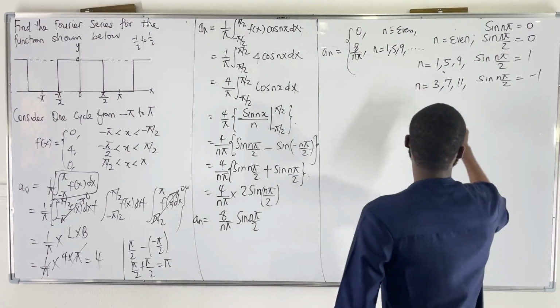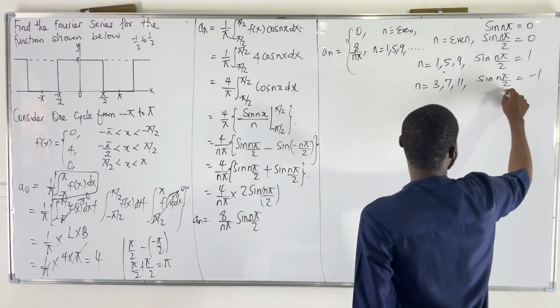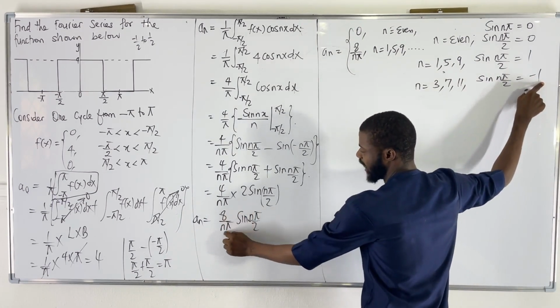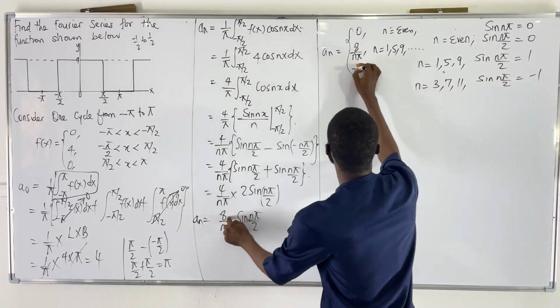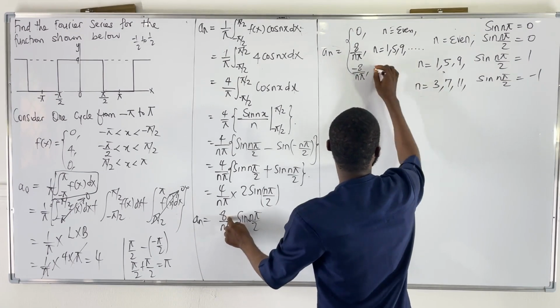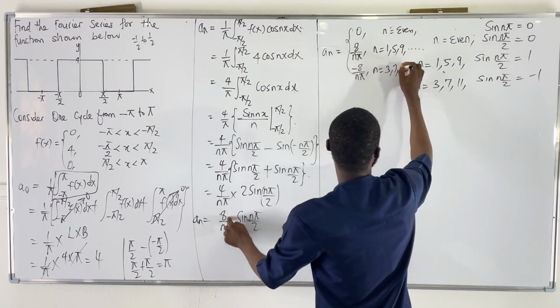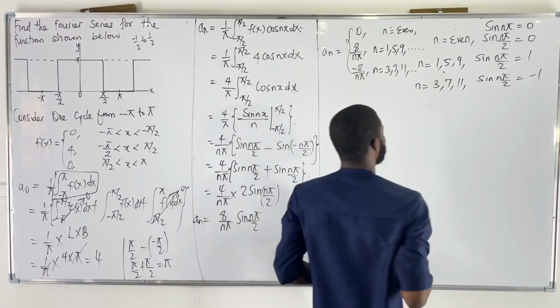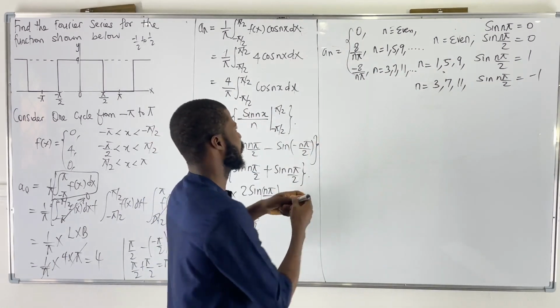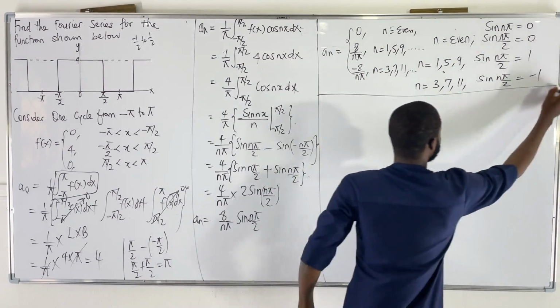Then lastly, sine n pi over 2 is minus 1, and minus 1 times 8 over n pi is minus 8 over n pi. This would happen when n is 3, 7, 11. So I'm going to leave this.